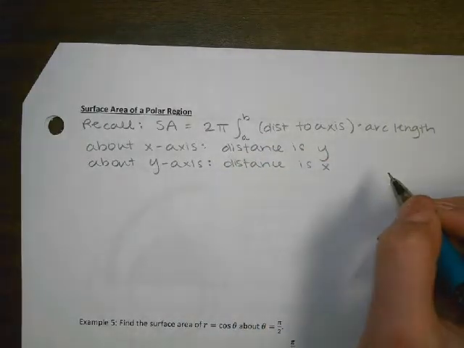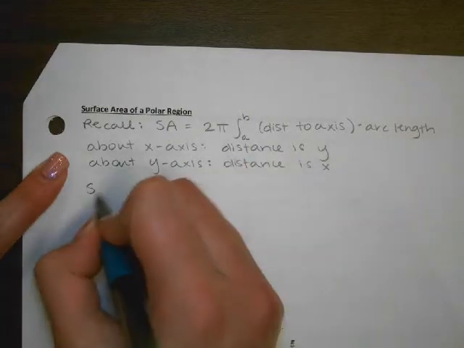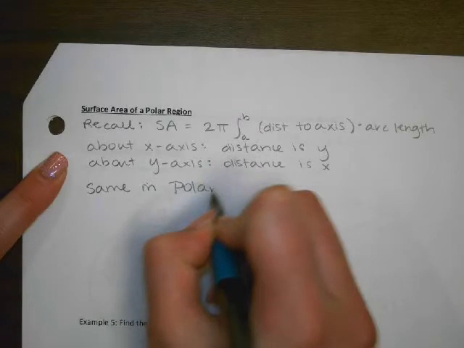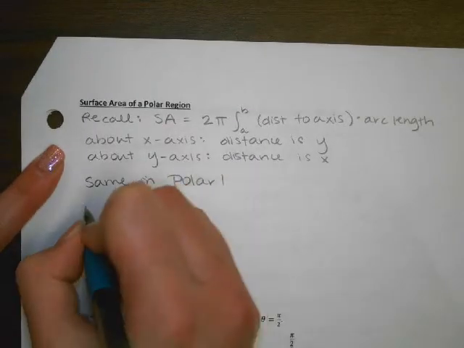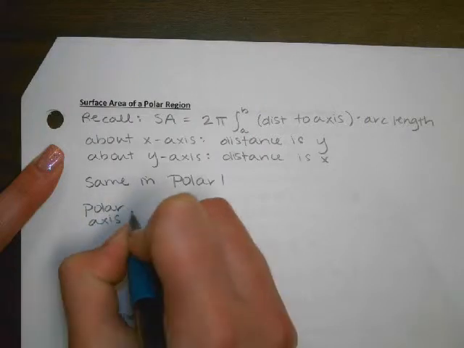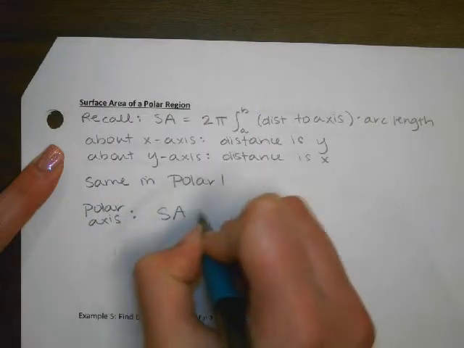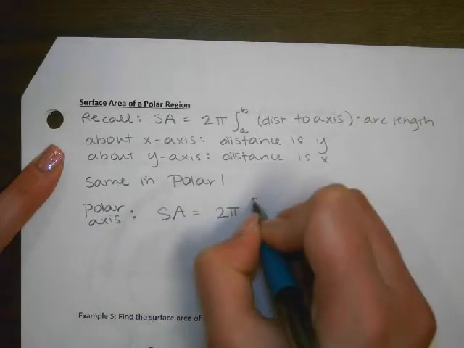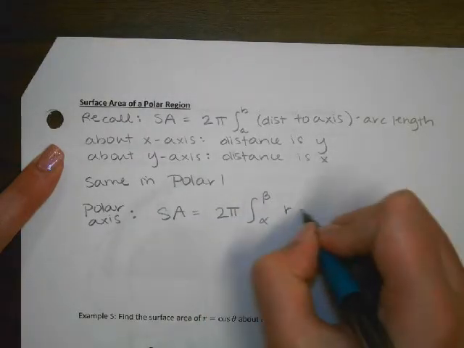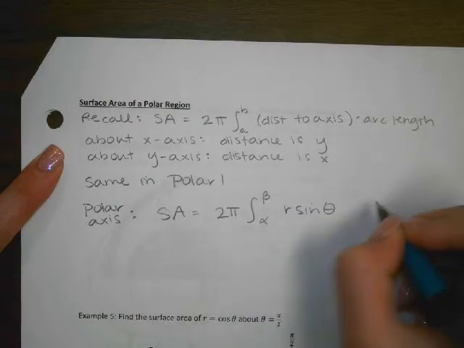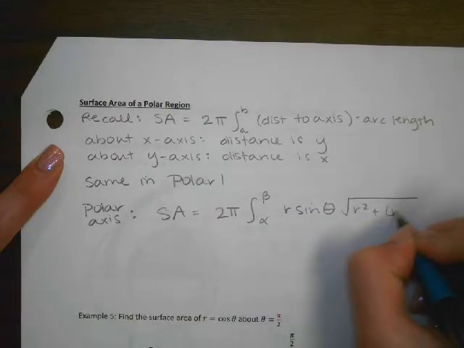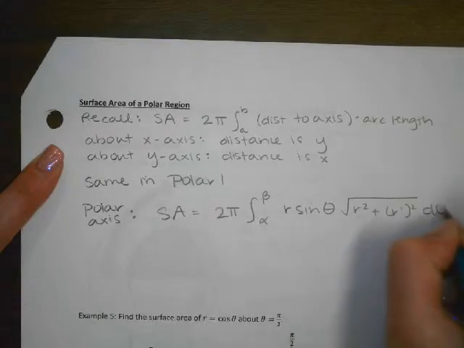It's interesting because it's actually the same in polar. So if we are rotating around the polar axis, then the surface area is 2 pi times the integral from alpha to beta of r sine theta times the square root of r squared plus r prime squared d theta.